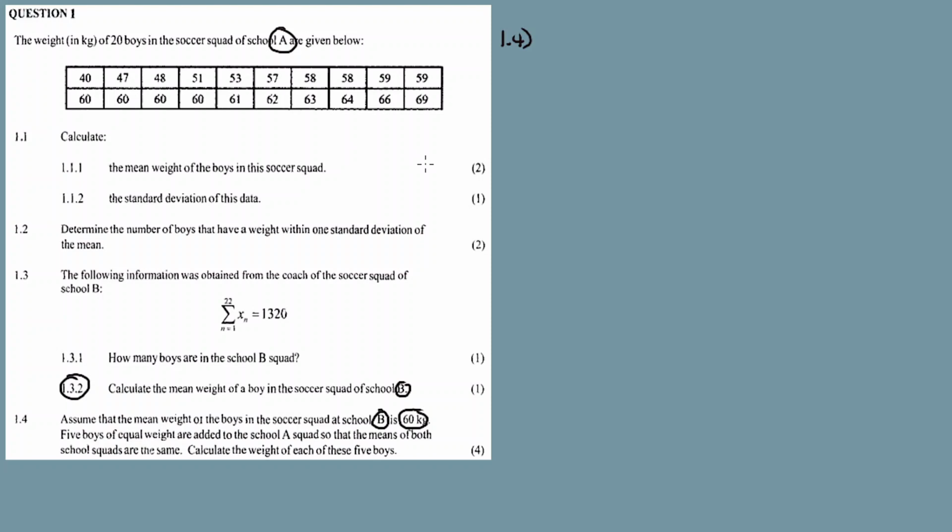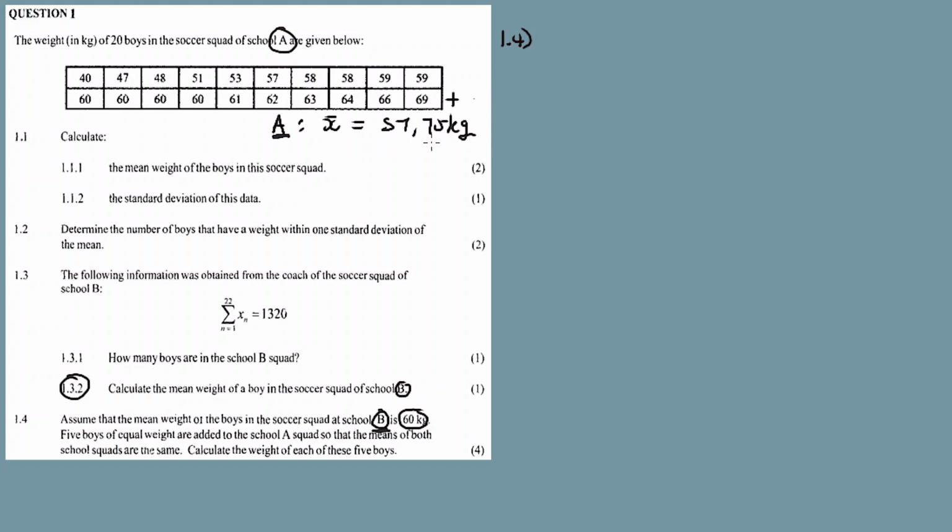Again, for school A, remember we found that x bar is 57.75. Now you add 5 more boys. Of course, the mean for school B and the mean for school A must be the same, because I'm adding 5 more boys.